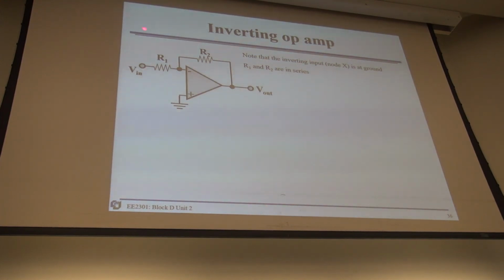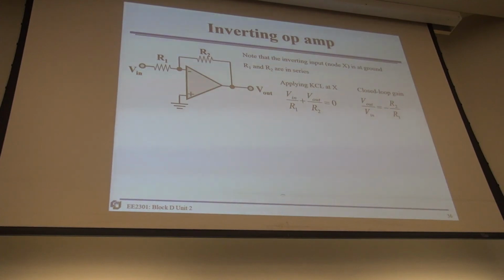So assuming 10 to the power of 10 amplification, this is like a nanovolt. The maximum possible voltage is a nanovolt. This has another very interesting name: it's called virtual earth, almost ground. We also call it node X.